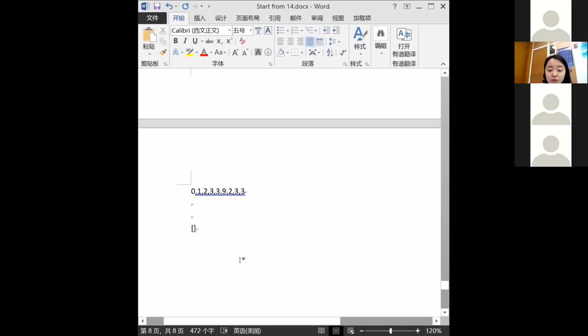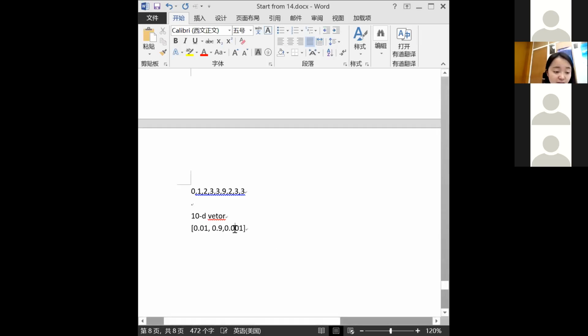So if we use the softmax activation function, we can map this 10-dimensional vector into a vector of probabilities, just like this.